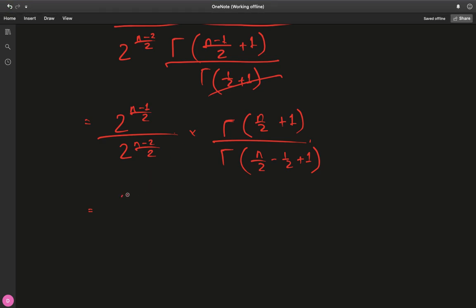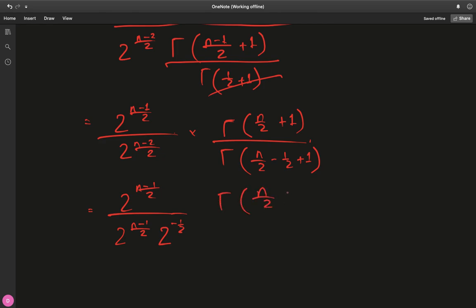But we can do one quick simplification on our part. So we have n minus 1 over 2 in the power of 2 divided by 2 to the n minus 1 over 2, along with a minus 1 over 2 that's being added, which we can basically separate into another power of 2 by the properties of exponents, and then the gammas remain the same.